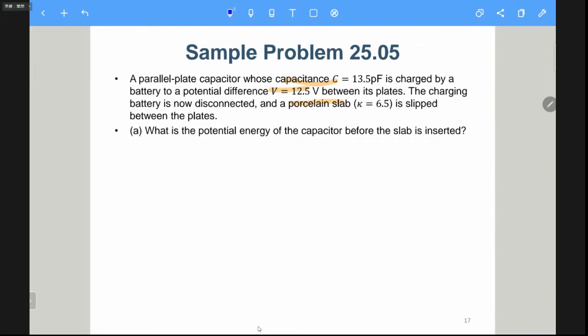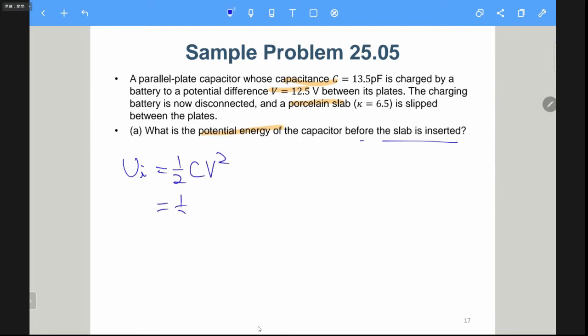Okay, so this is pretty easy to find. The potential energy is nothing but U initial, before the slab is inserted. So 1/2 CV squared.